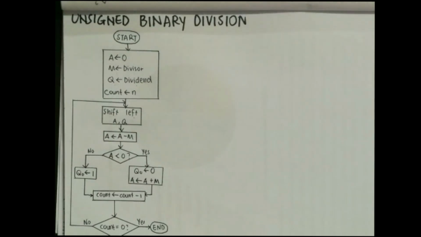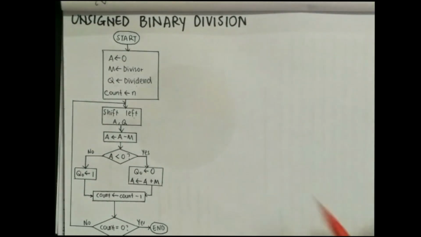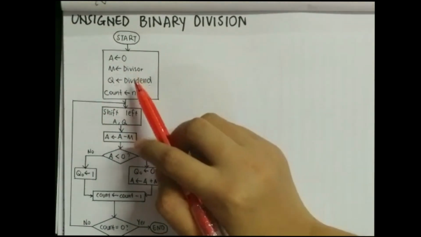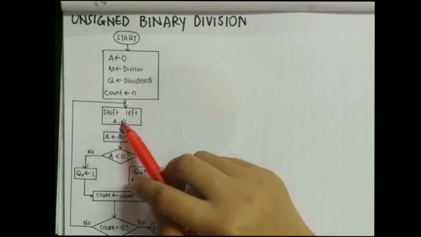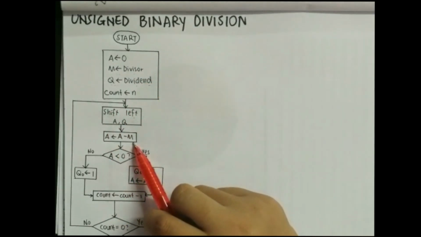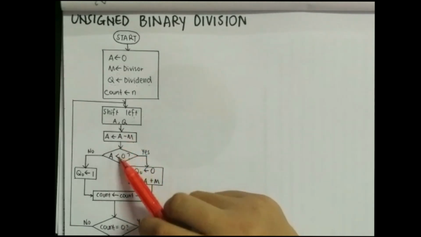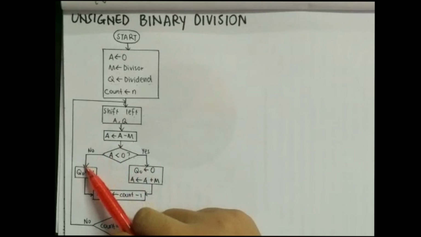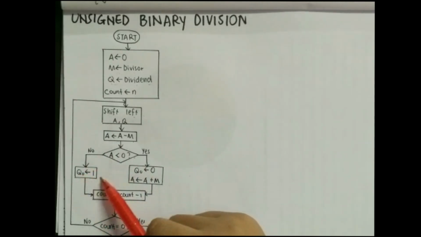First, the divisor is placed in the M register and the dividend in the Q register. At each step, the A and Q registers together are shifted to the left 1 bit. M is subtracted from A to determine whether A divides the partial remainder. If it does, Q0 gets a 1 bit.